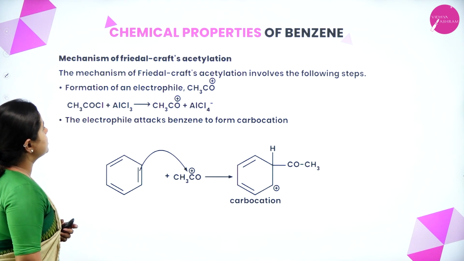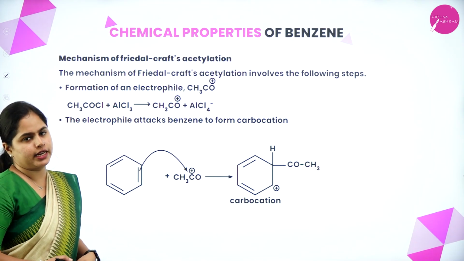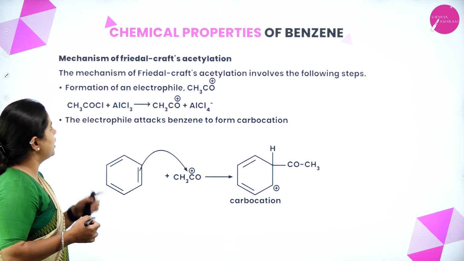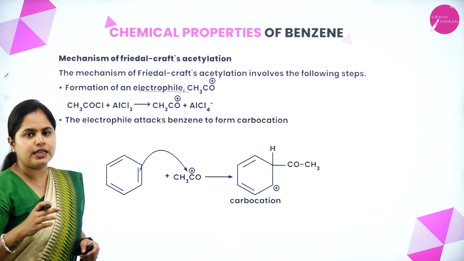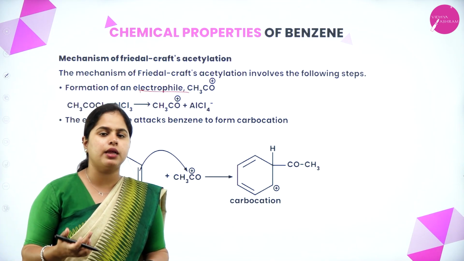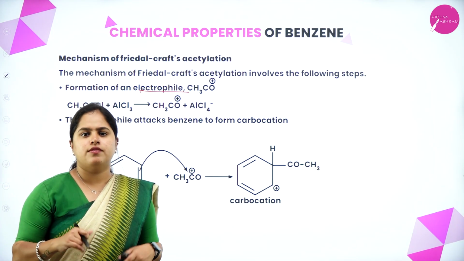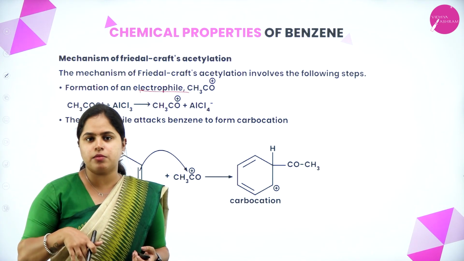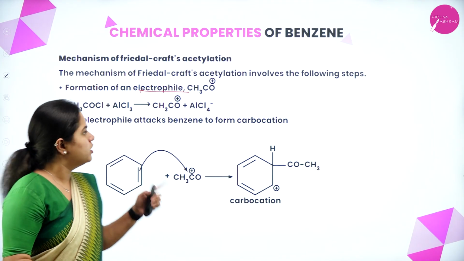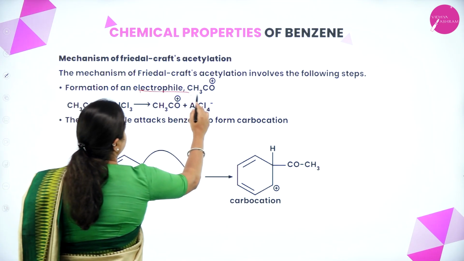Now let's understand the mechanism of Friedel-Crafts acylation. The first step is formation of an electrophile. So still we are in the electrophilic substitution reactions, right? What are electrophiles? Yes, which has attraction towards negatively charged substances. That means they must be themselves positively charged or neutral. So which is the electrophile here?